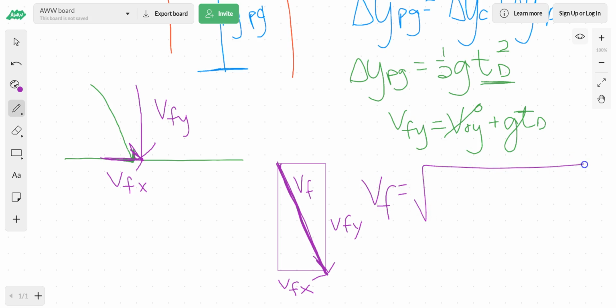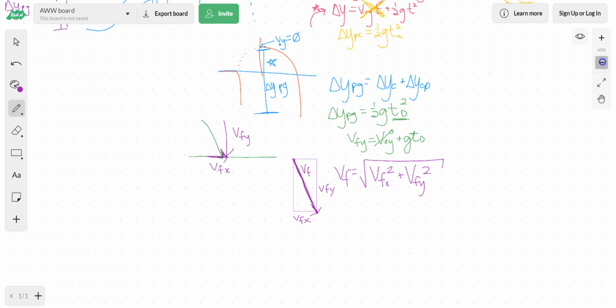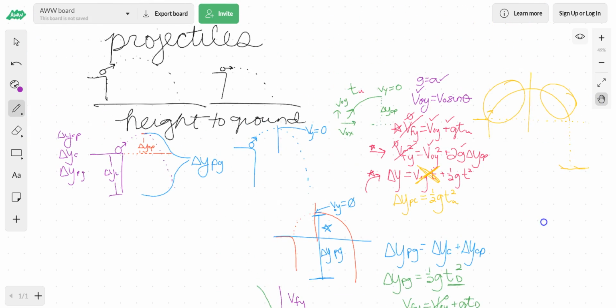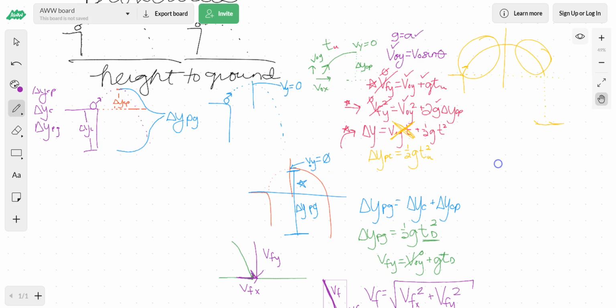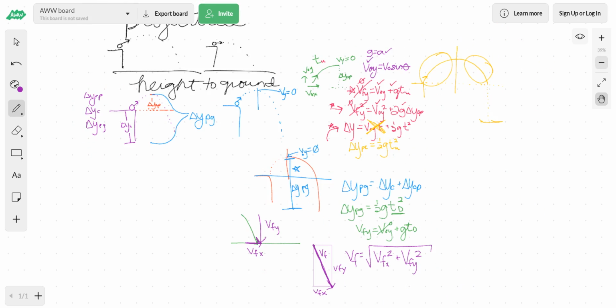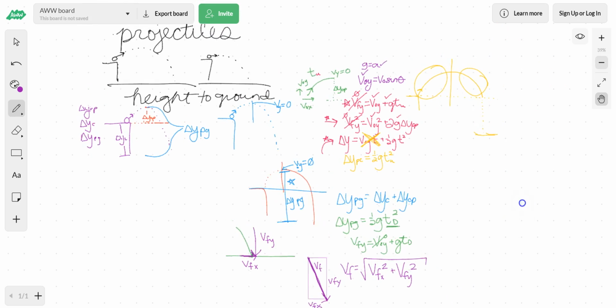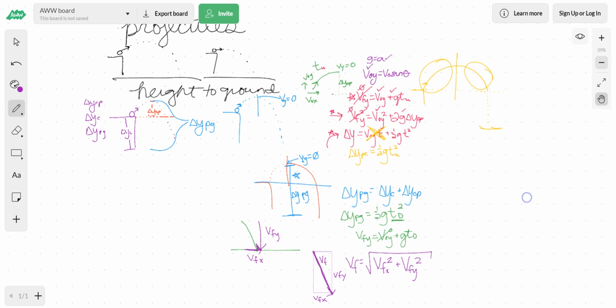By using the Pythagorean theorem. So V final is equal to the square root of V final x squared plus V final y squared. That will give you your impact speed no matter the situation. And the shape of your projectile is always going to be parabolic, so even if it's not a full parabola, it still has that shape. This is the formula used for a height to ground with an angle.